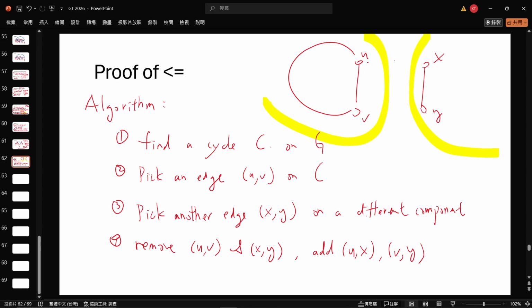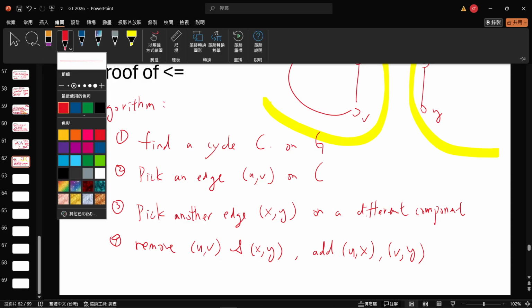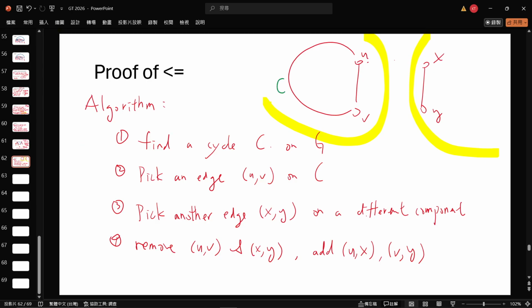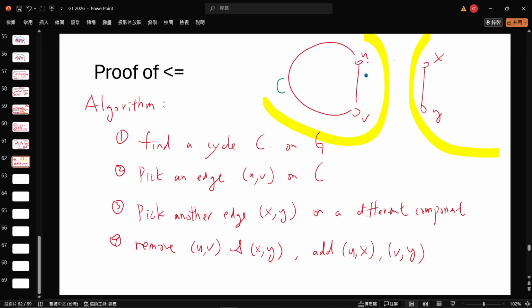Okay, so we have two components, and we have a cycle. So this is the cycle C, and after we find the cycle C, we pick any edge on the cycle.